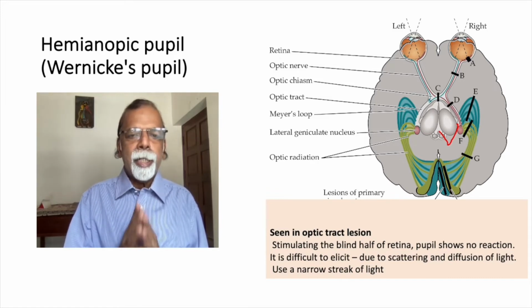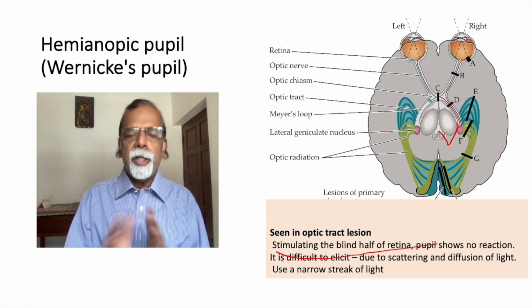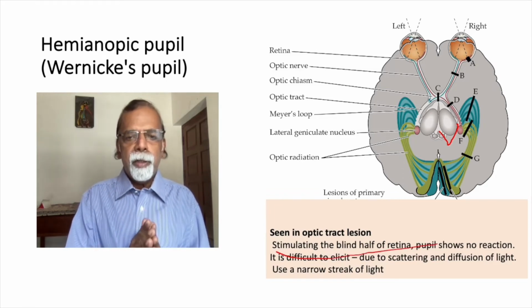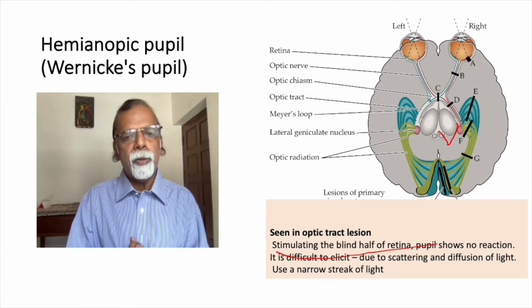This is seen in optic tract lesion. If you stimulate the blind half of the retina, the pupil will not react. If the light is falling on the normal area, where the visual field is normal, it will produce a constriction. This is called Wernicke's hemianopic pupil.